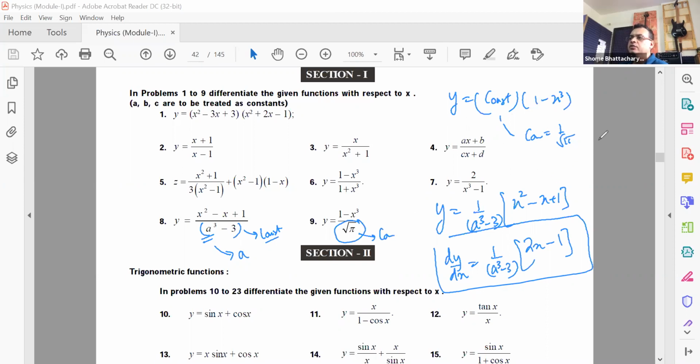So the derivative will just become minus 3x square into that constant, which is 1 by root pi. So this is just a trick question, nothing else in this. Okay. This 5th question, of course, is quite lengthy. So in this, again, you will have to differentiate this term separately by using quotient rule, and separately you can differentiate this term by using product rule, or you can even open the bracket or whatever you like, and then find out the derivative.